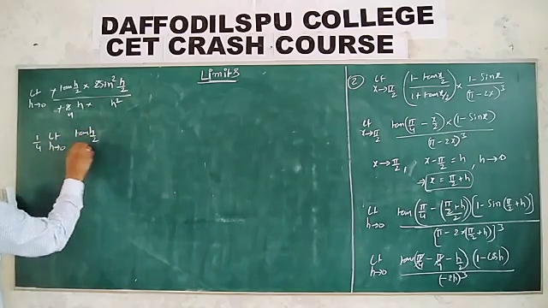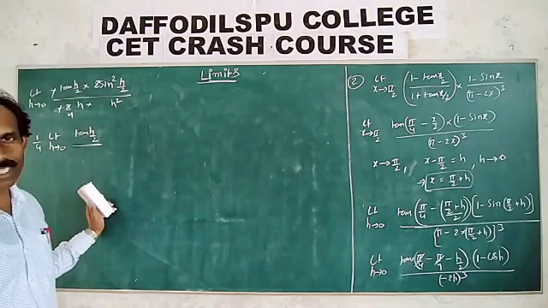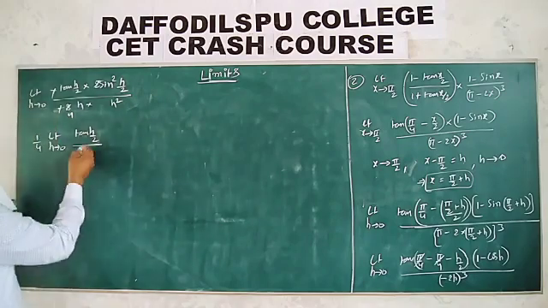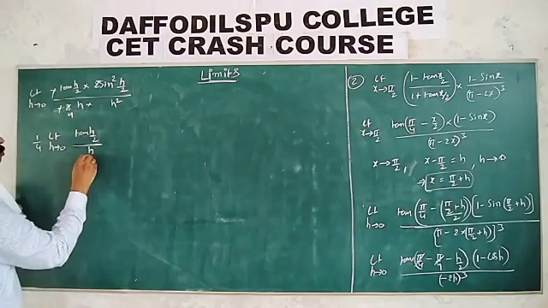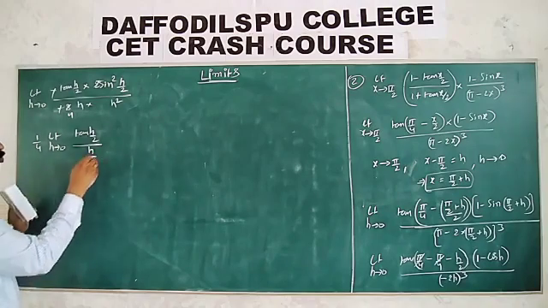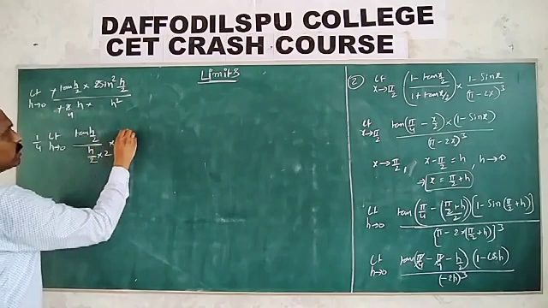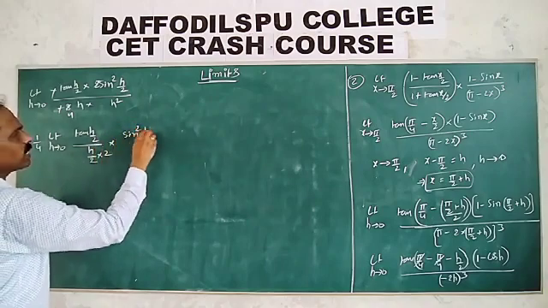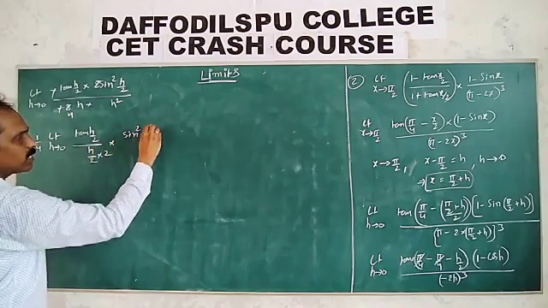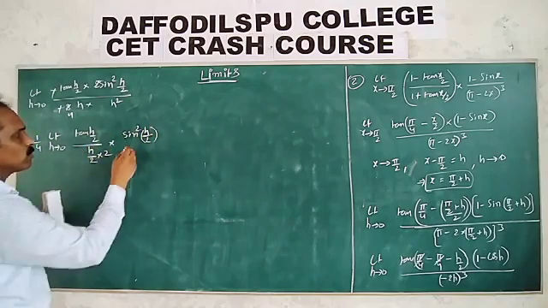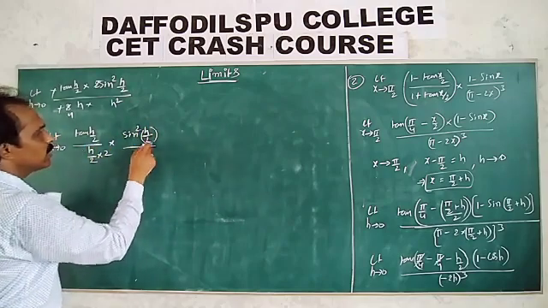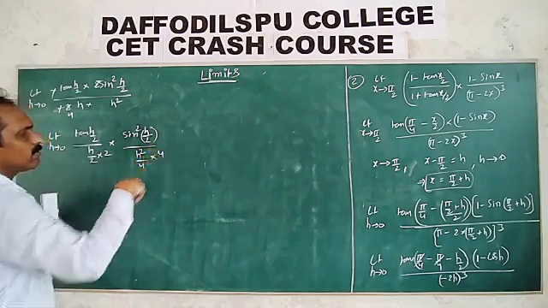So outside, limit h tends to 0 of tan(h/2). We know tan x by x, as x tends to 0, value is 1. Like that we convert. Here there is no by 2, so multiply with 2 and divide. Sin square(h/2) means that is nothing but by 4. Therefore, here h square is there, by 4 is not there, so multiply and divide by 4.